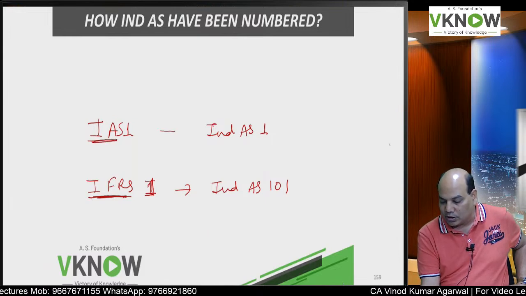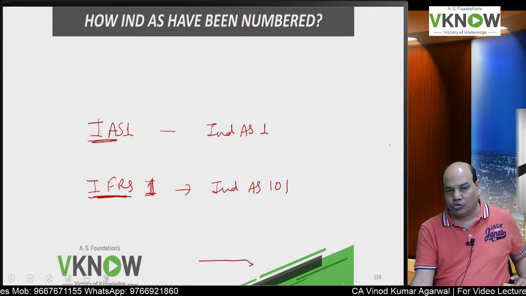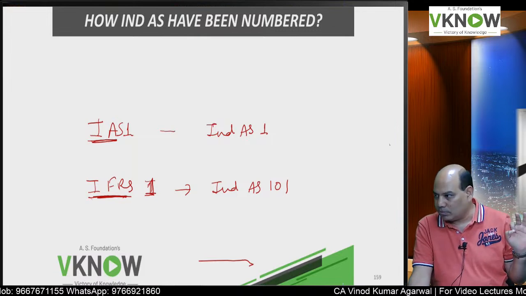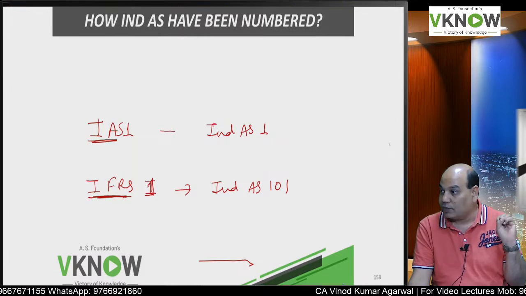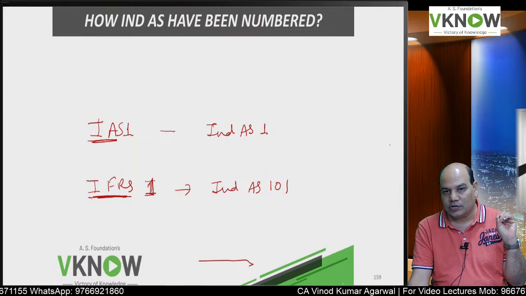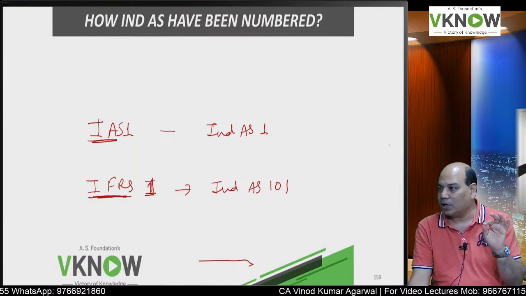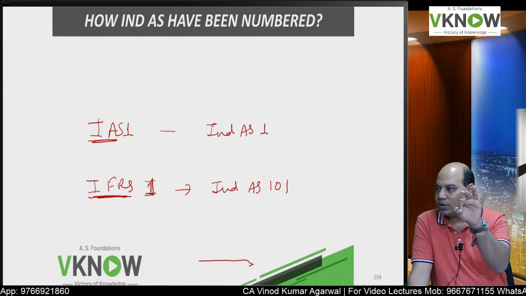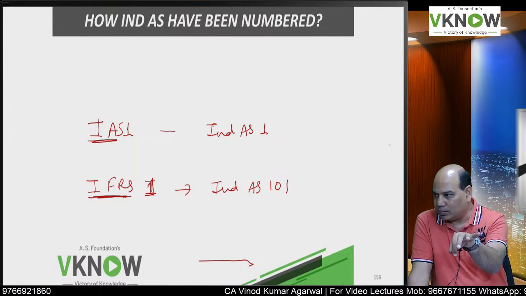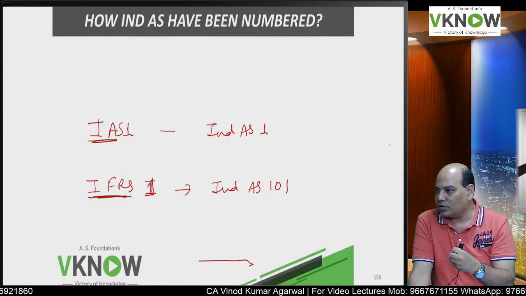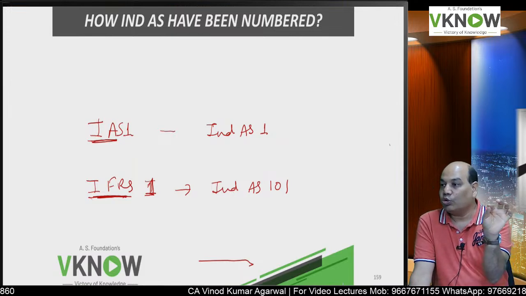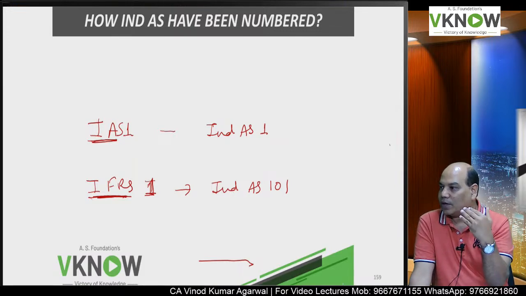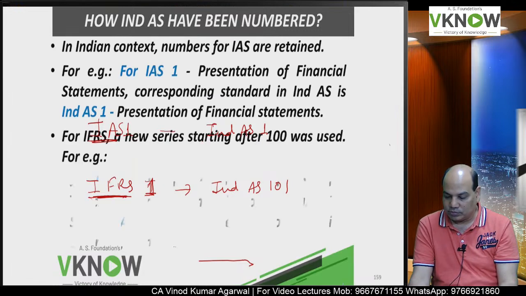If it is IAS, I will give the same number. So we have tried to maintain the same numbers, same paragraph numbers also. Paragraph by paragraph we have kept it the same. Only if a paragraph is added, then one paragraph is added at that point. And if a paragraph is removed, we have written omitted, so that the paragraph numbers also match.